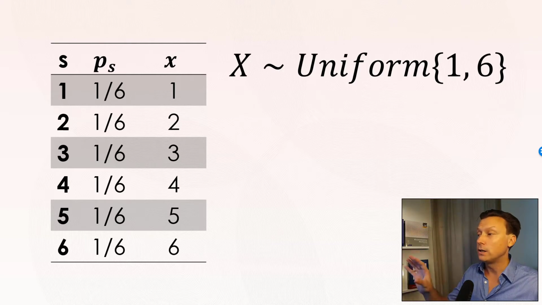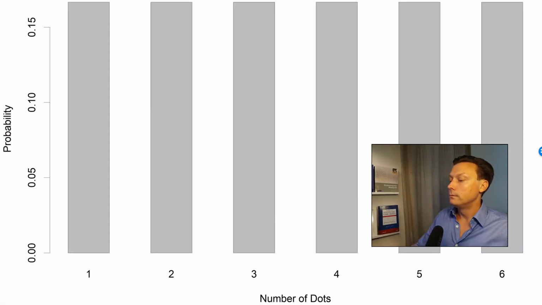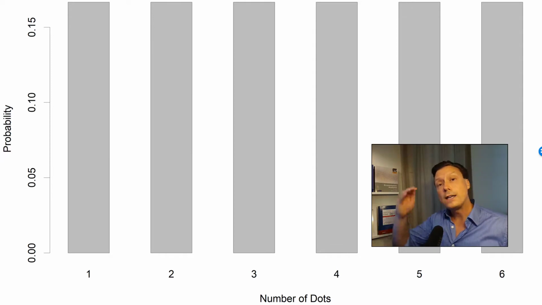So let's visualize this outcome space, this probability function. On the x-axis, we have the possible outcomes, the lowercase x's. So we have 6 possible outcomes, 1, 2, 3, 4, 5, or 6. The y-axis is the probability of each of these outcomes occurring. Since they all have 1/6 of the probability space, it's about 0.167.